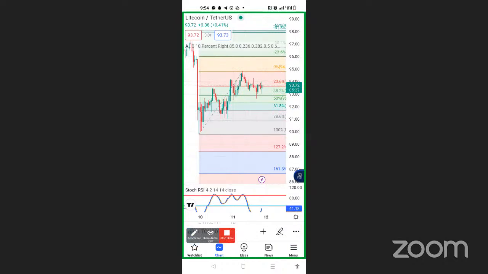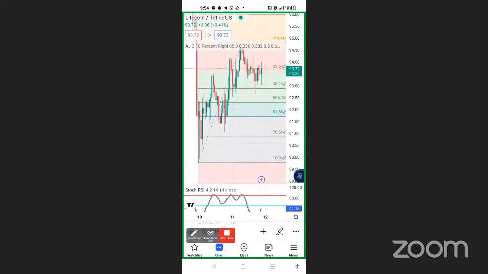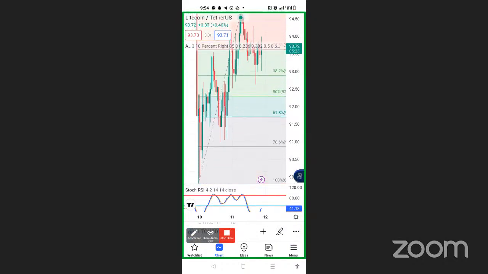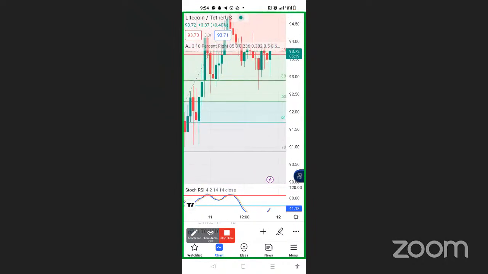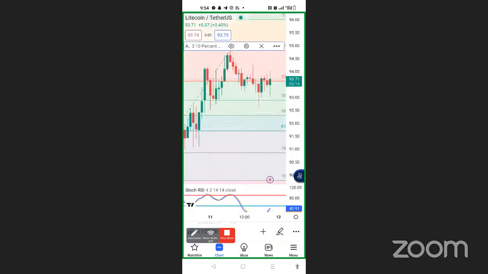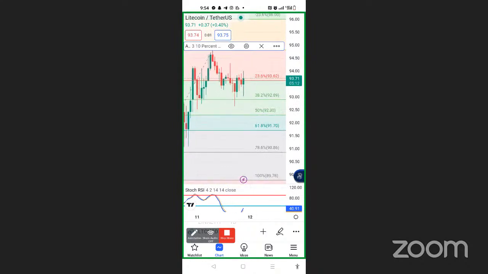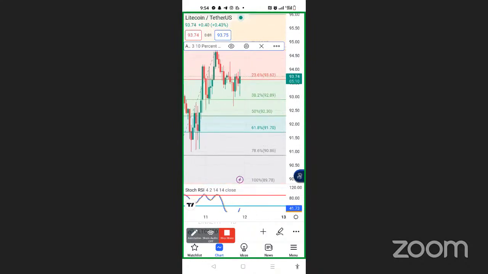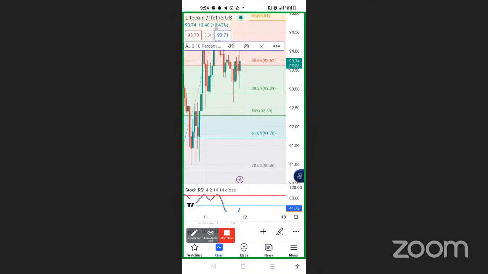Now, another important point, very important. For you to see these lines well, I usually advise my friends to widen their screens so that they can see the lines very well.